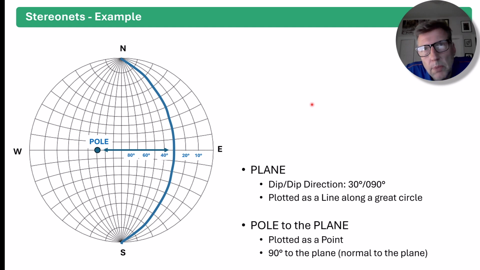Now, we know the pole to the plane is the normal to the plane, which means it's perpendicular to the plane, which means it's 90 degrees to the plane. So it plots 90 degrees from the line or from the plane. Okay? So to recap, the plane plots as a line, the line plots as a point.